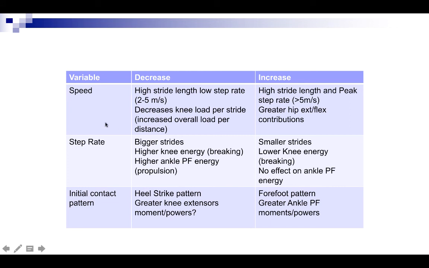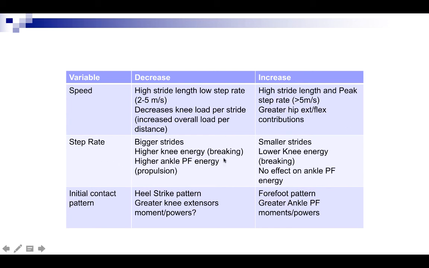So in review, for speed, we have high stride length and peak rate at increased speeds, greater hip flexion and extension contributions, a limited ability of the plantar flexors to continue to be utilized to increase speed, and a high reliance on return of strain energy from the Achilles tendon to achieve those speeds.